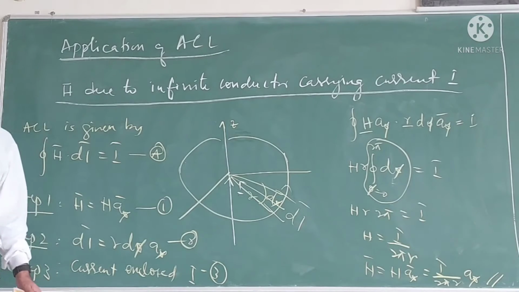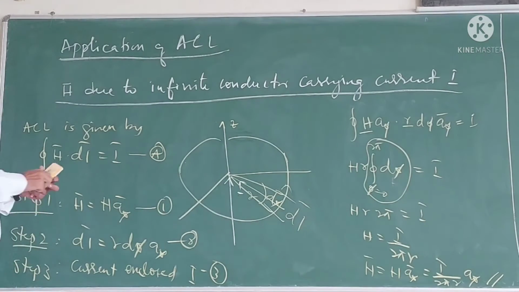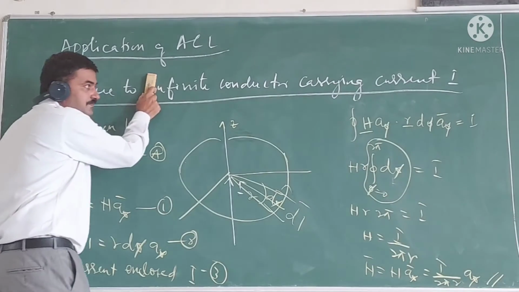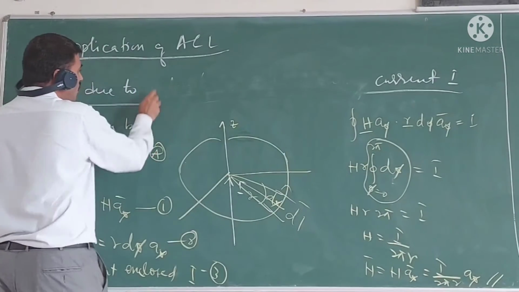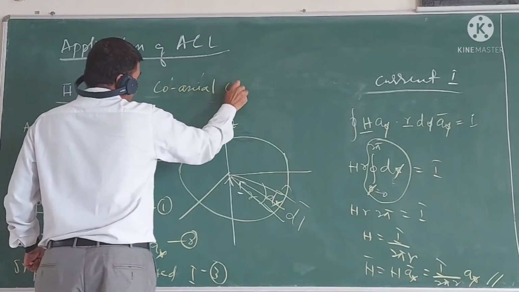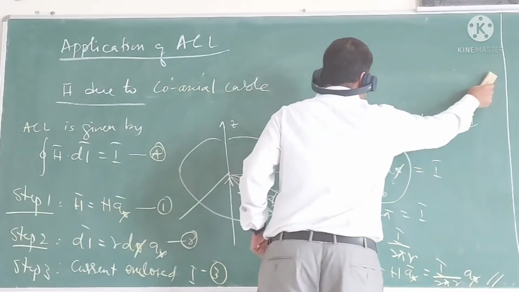Now shall we see the second derivation which we have not done for Biot-Savart's law? That is H bar due to a coaxial cable carrying current.